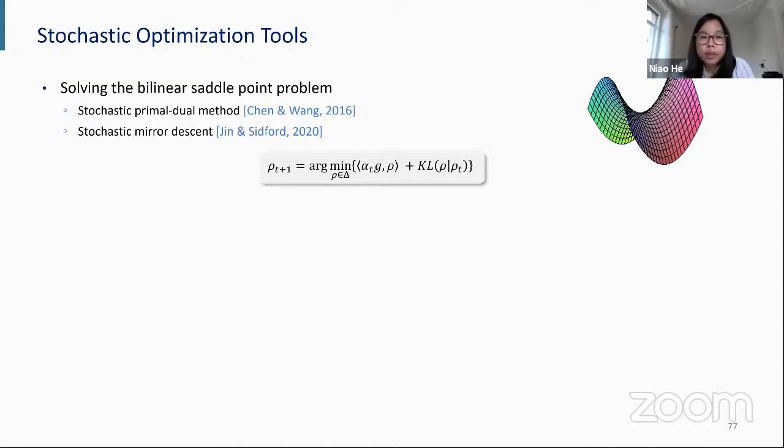So recently, I think there were results showing that if you use this type of KL divergence in your update, or using this mirror descent type of algorithms, you were able to achieve much better complexity in terms of the dependence on state and actions.